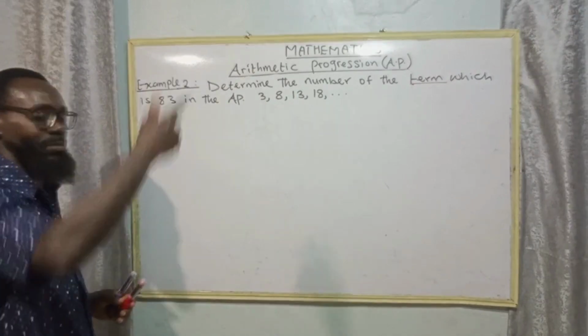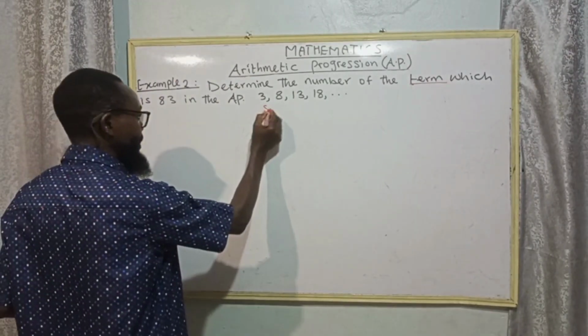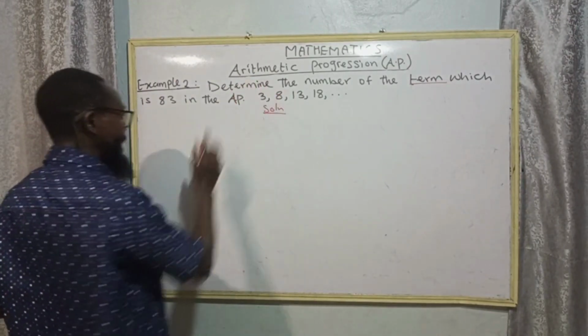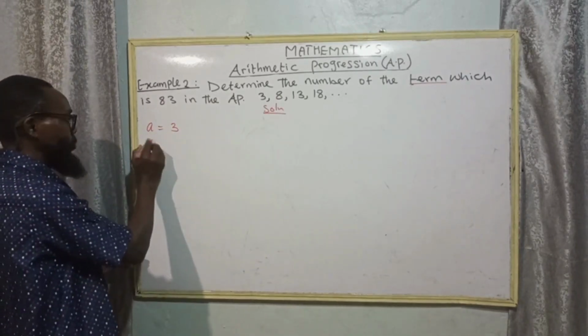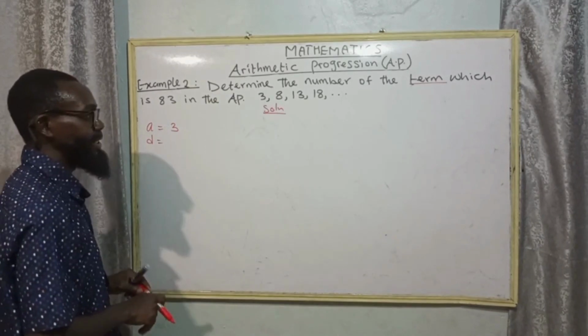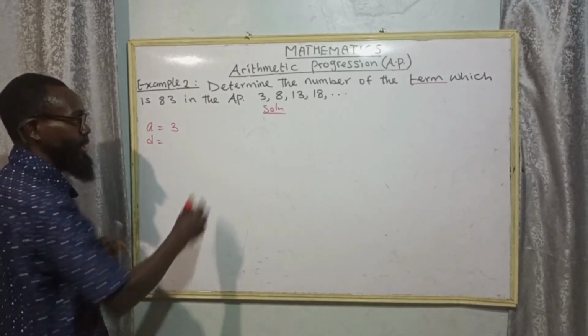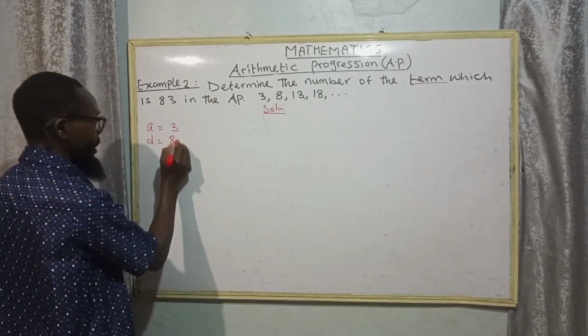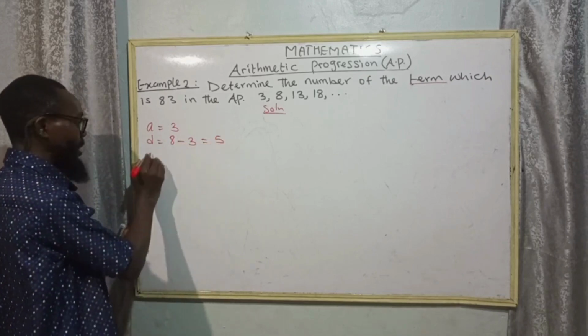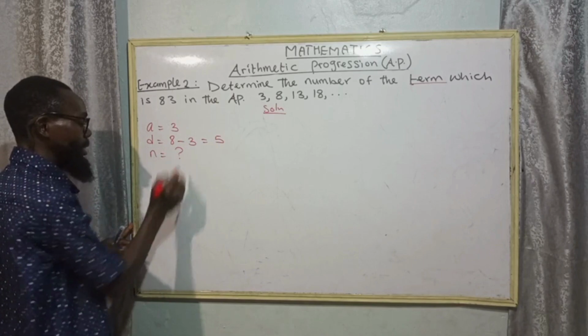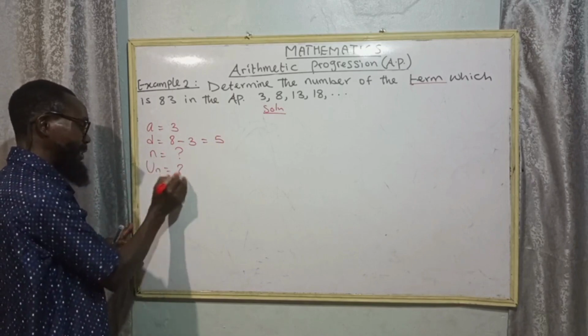If that is the case, from here, we can get our first term a to be equal to 3. Then the next thing is to find our common difference. That is T2 minus T1, and T2 here is 8 minus 3, which gives 5. What to determine, the number of terms n, is unknown. Now, given the last term to be 83.